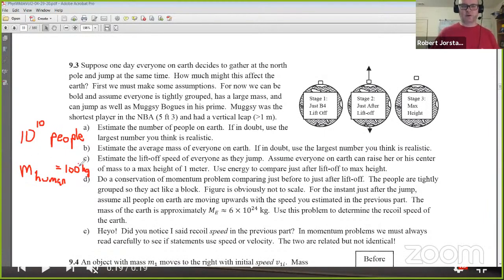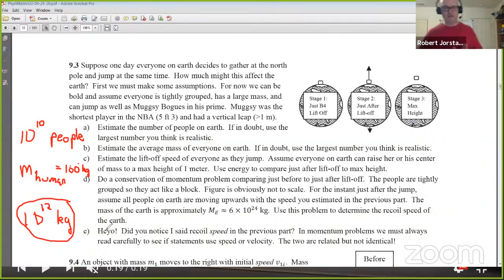Well, this is 10 to the 12. Isn't it 10 to the 12 kilograms? That's about the mass of all the people on Earth. And that's an overestimate. We overcounted the number of people and we said everybody's as big as me. Clearly false. Now think about this. How big is the mass of the Earth? Look at how much bigger that is.